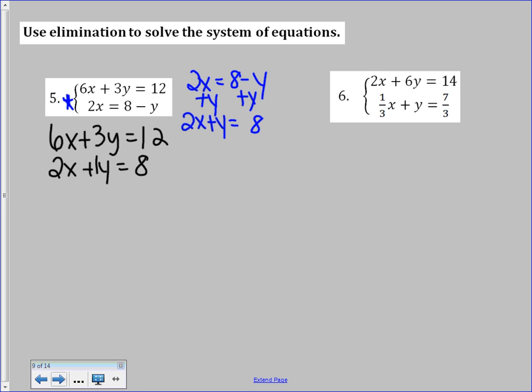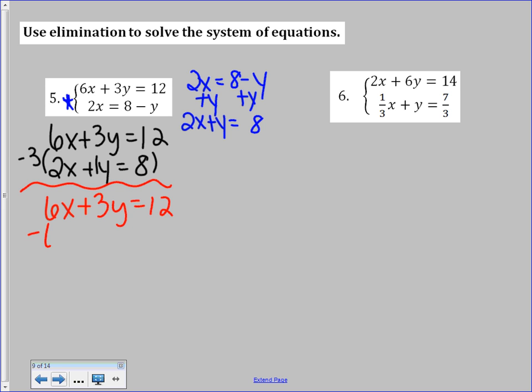Well, I see that this y here has a positive coefficient of 1. That makes multiplying to an opposite pretty straightforward. So we want to multiply to a 3, and we also want to have a negative 3. So in order to get a negative 3, I can multiply this whole thing by a negative 3. So that's going to change up our system a little bit. So here's our new system. The first one's going to stay the same.